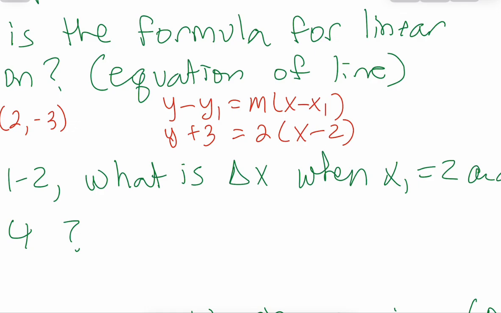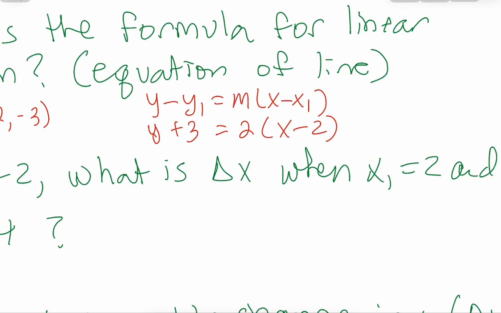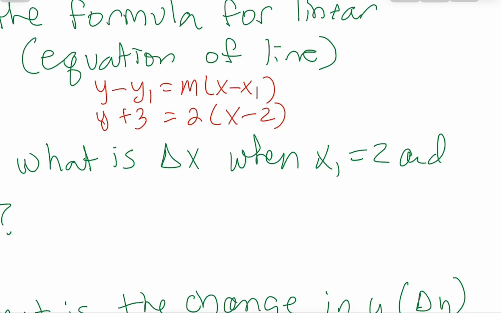So let's make it say y equals, and you do the same thing pretty much every time. Distribute the slope. So we get y plus 3 equals 2x minus 4. And then subtract 3 from both sides, whatever that thing has to move over. And so we get a final answer of y equals 2x minus 7.